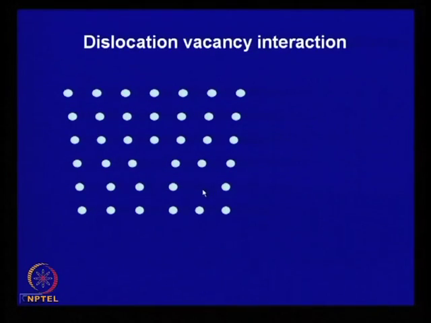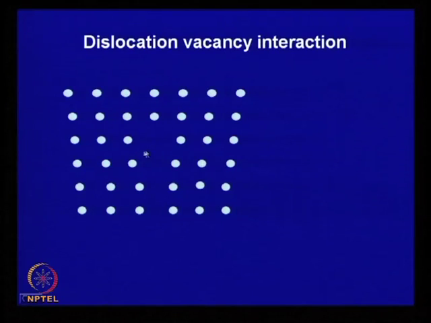So, now if there is a vacancy in the lattice here, depending on the temperature, it has some mobility. It does not remain stationary, it keeps moving through the lattice at random. Say, suppose next step it comes here, and it might as well come here as well.